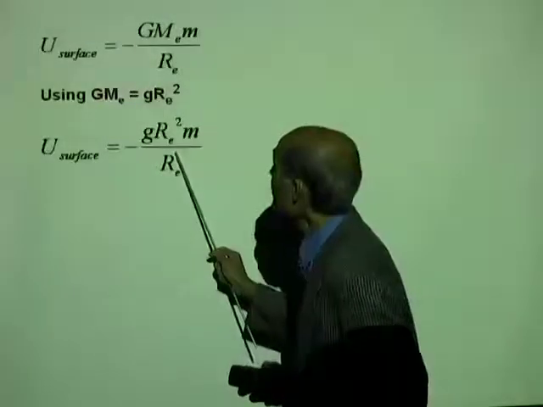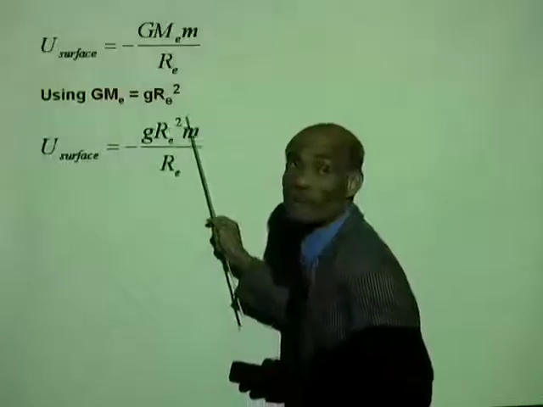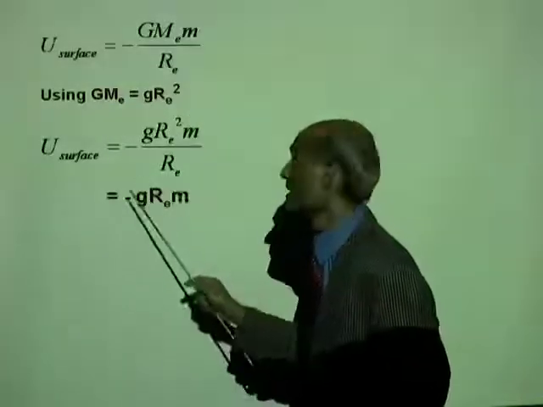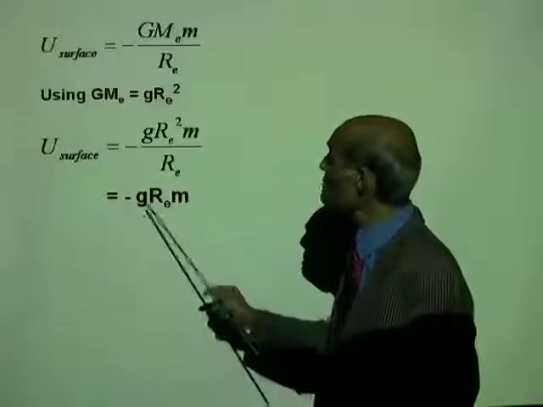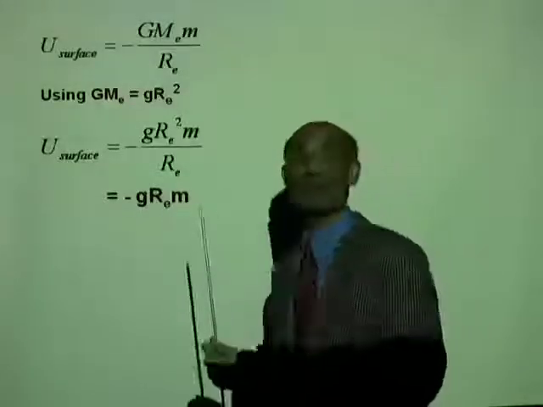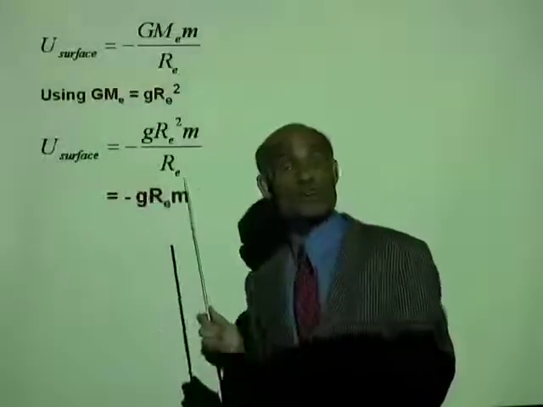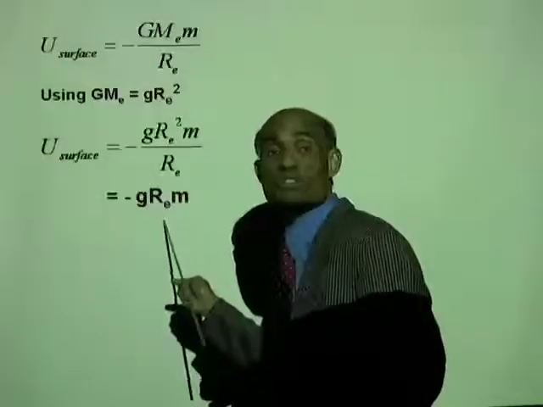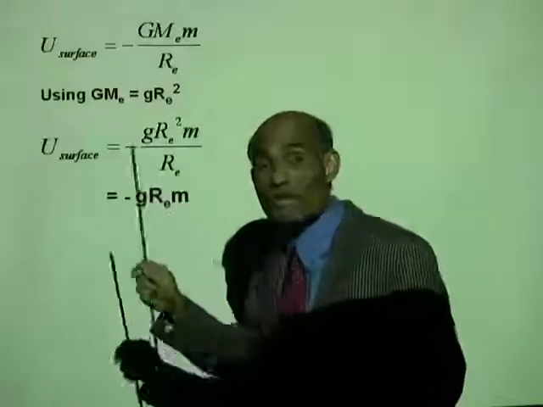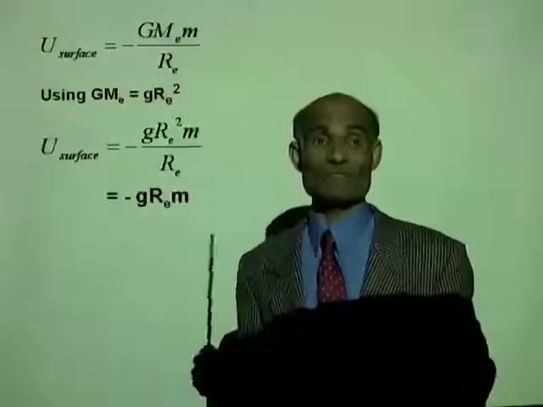And now, one R_E from the denominator and one R_E from the numerator cancel, giving us -g R_E m. This is a very good equation: the potential energy of an object placed on the surface of the Earth.